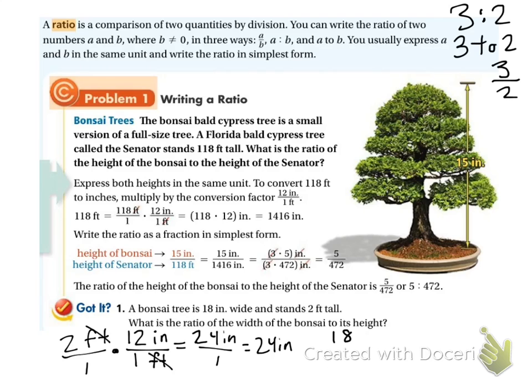So 18 to 24. And then I can divide each of these by 6. So I get 3 to 4. Or I could rewrite that as 3 to 4 with a colon, or 3 over 4 as a fraction. Whichever one you want, however you want to say it, is your answer.